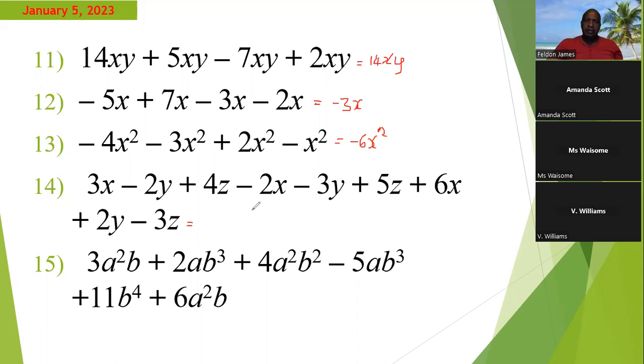All right, so let me write down your answer and then find out if anybody else agrees with it. So you say what you have, Ms. Wilson? 7x minus 3y minus 6z.